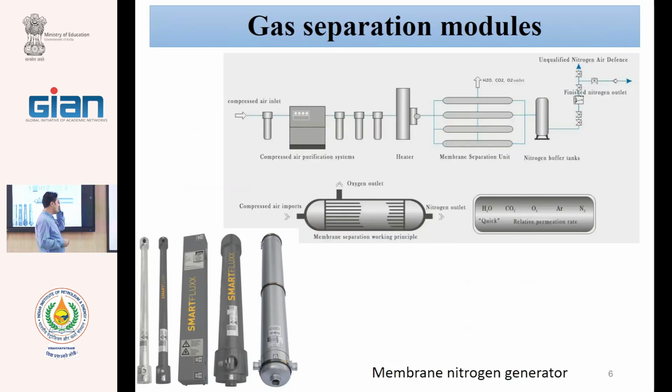In the usual models, if we have high temperature and high pressure, we fabricate the module from stainless steel. But when we have low pressure and low temperature, we can prepare the modules from plastic. Based on the process, the housing material can be stainless steel or plastic.